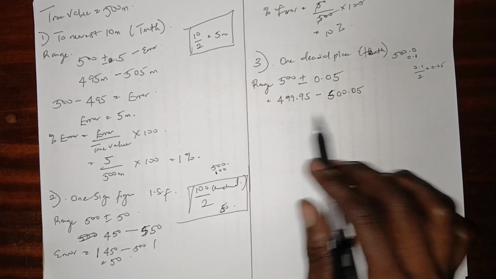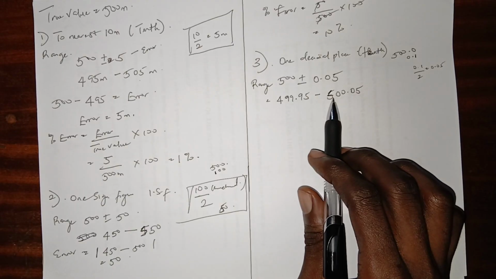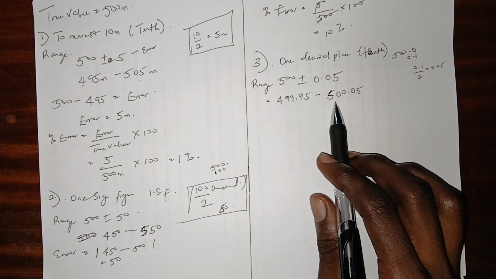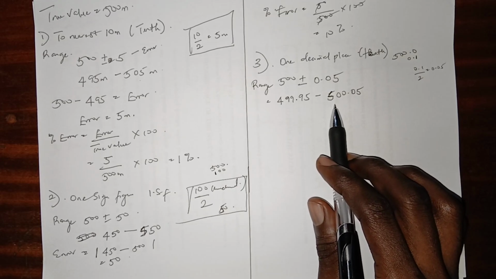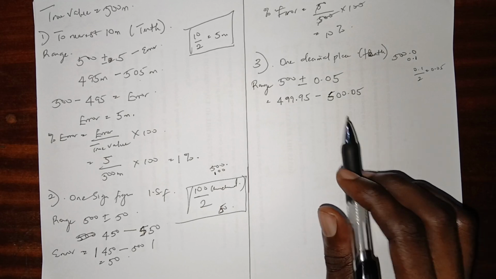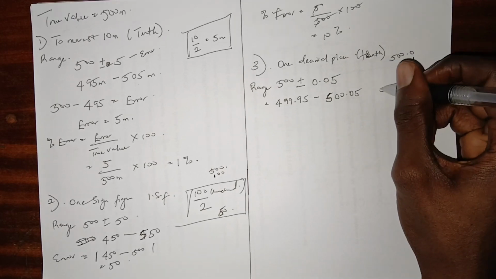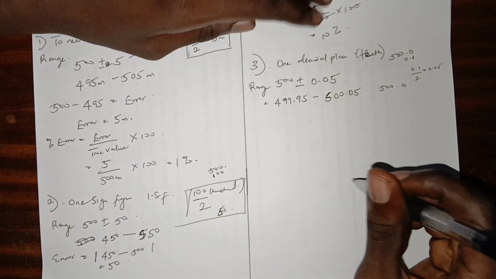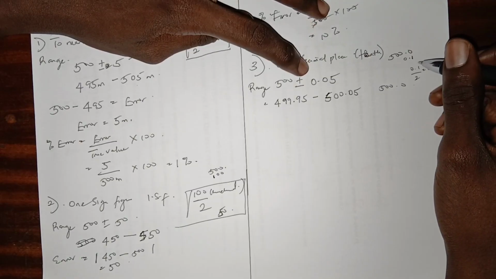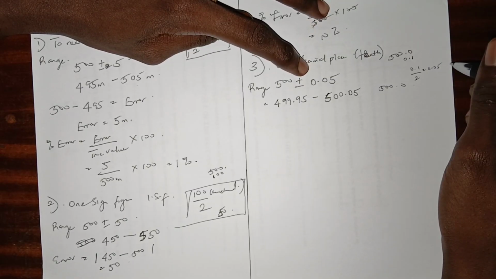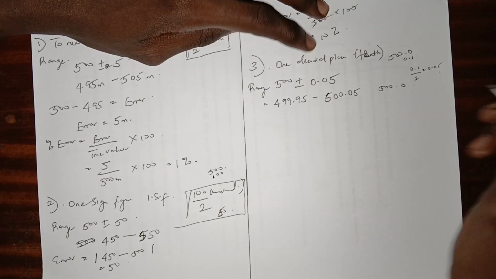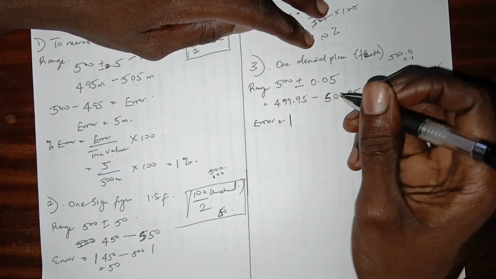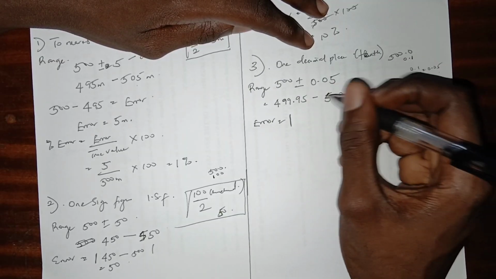So when you have this, if you approximate it to the nearest one decimal place, you get your 500.0 back. That's the idea. So we have our error to be 0.05.